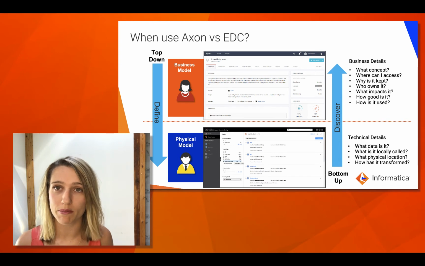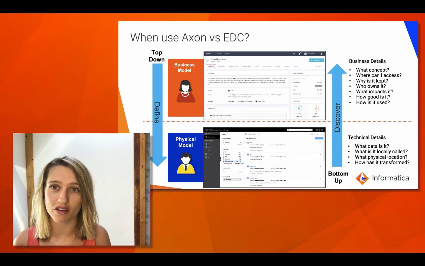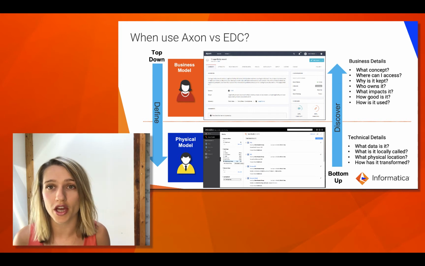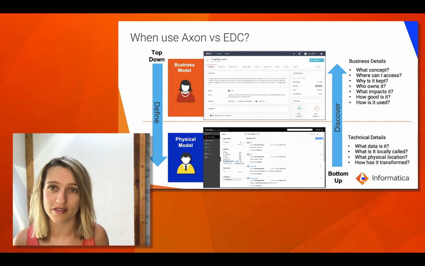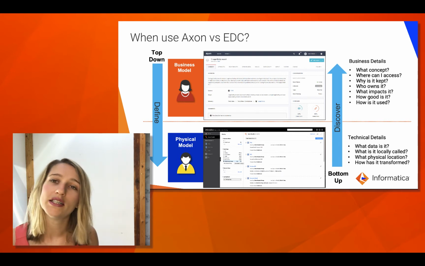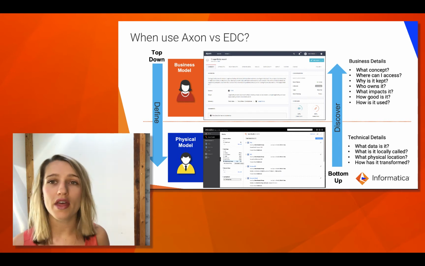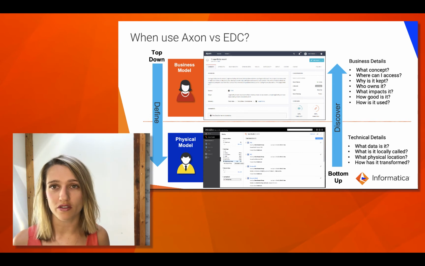I need to find personal data everywhere it is across the enterprise because I actually have no idea. My priority is just location before I can think about anything else. You might want to start with EDC. Then you could do the scanning, bring up what you've discovered, that lineage of personal data, into Axon, and then start to enrich it with business context.